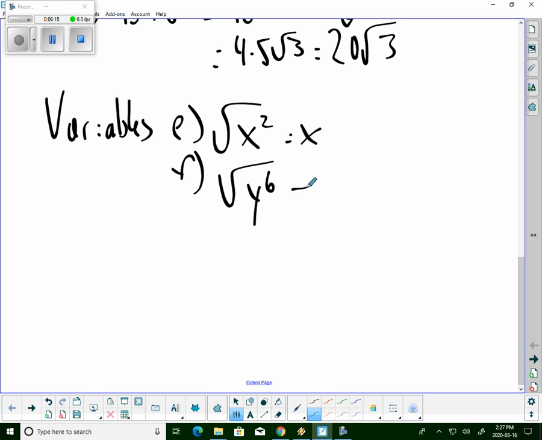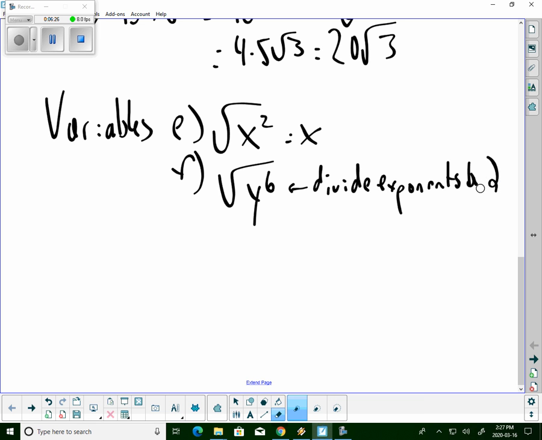Okay, so let's just make a little note that we divide exponents by 2. So when we're taking the square root of something, the chances are your exponent is going to be an even number. If it's a cube root, you probably have to divide the exponent by 3.